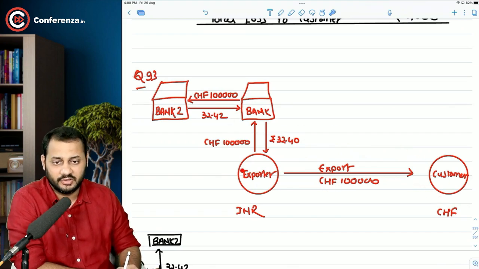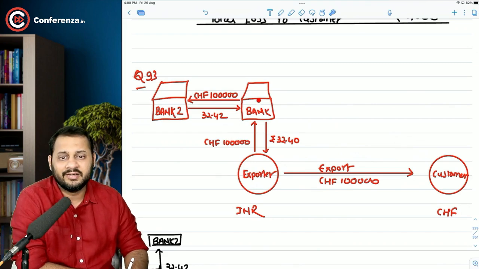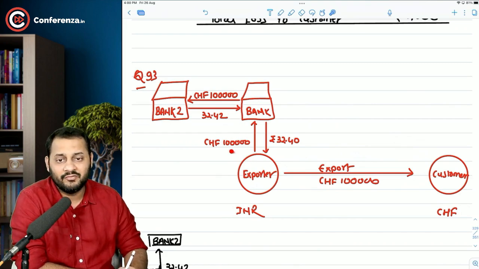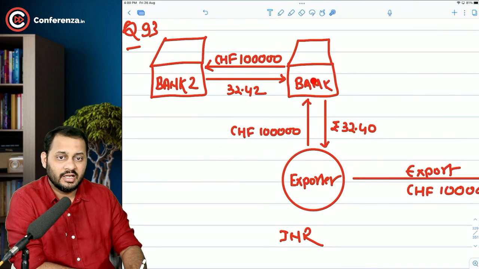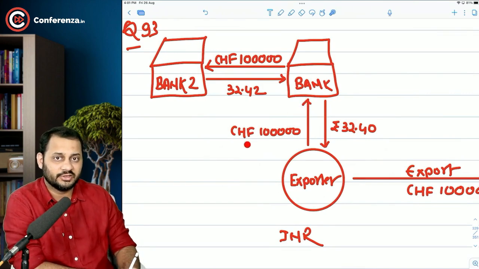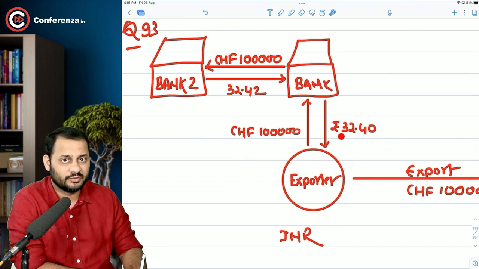So the exporter came to us and entered into a forward contract: I will give you 1 lakh CHF, you pay me rupees. So you can clearly see from the bank's angle, the bank is agreeing to purchase, meaning receive this much of the Swiss franc and pay this much of the rupees.